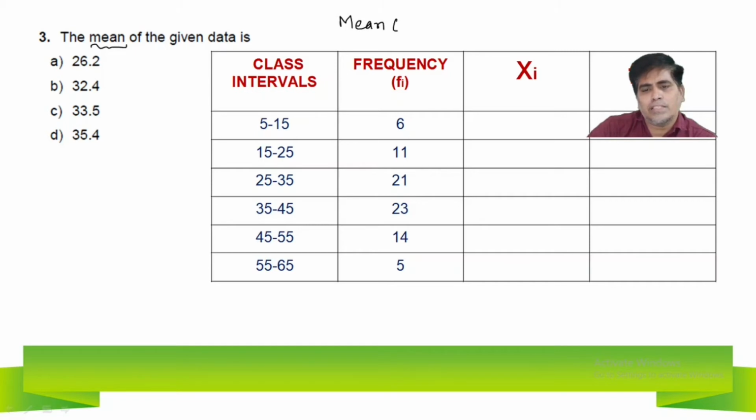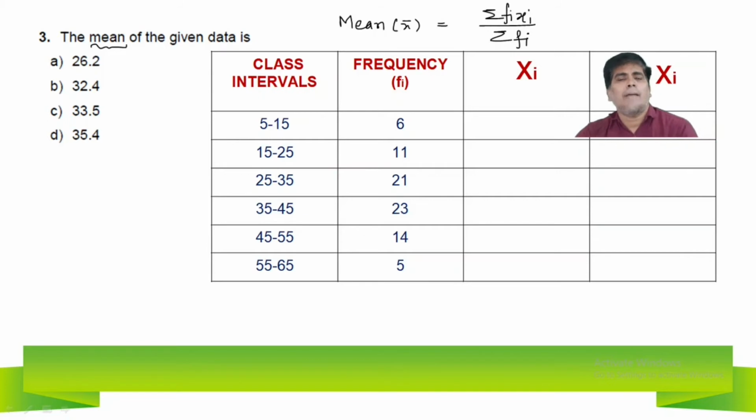Mean x bar is equal to sigma fi xi by sigma fi. So mean I am calculating by direct method.